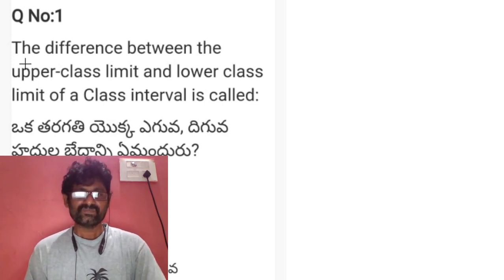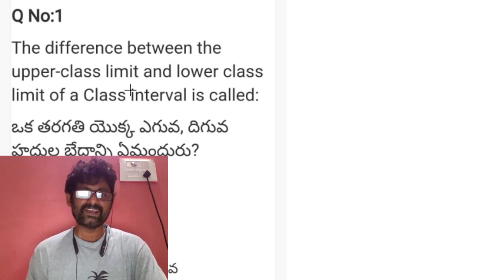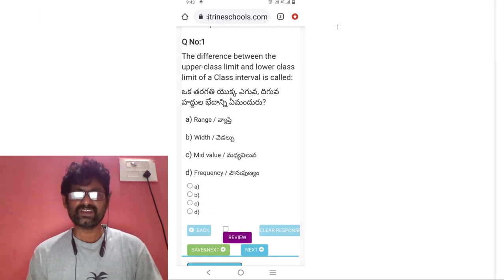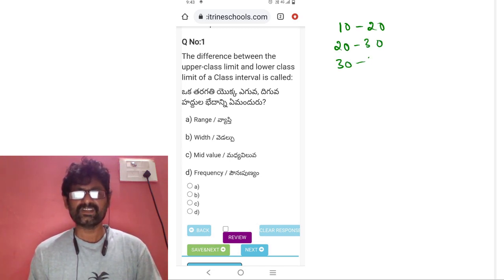The question is, the difference between the upper class limit and the lower class limit of a class interval is called. Suppose we have class intervals like 10-20, 20-30, 30-40.